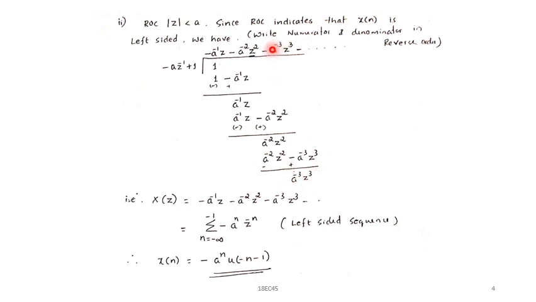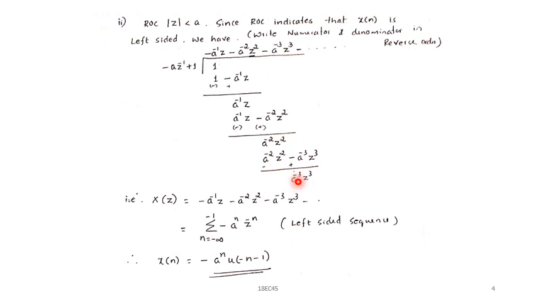So I'll consider minus a to the power minus 3 z cubed. I'll multiply this with a to the power minus 3 into this, minus a to the power minus 3 into z cubed, minus a into z inverse plus 1. I'll get a to the power minus 2 z squared minus a to the power minus 3 z cubed, and this cancels.